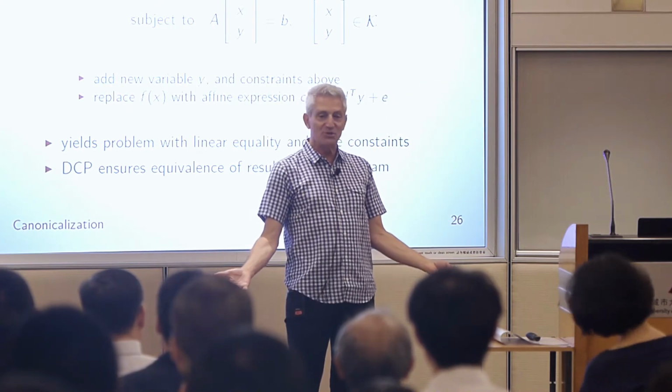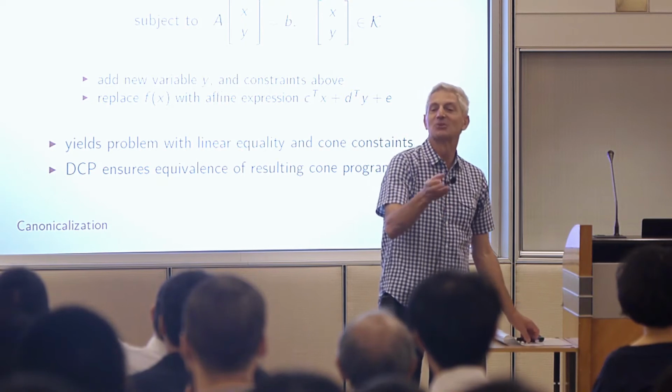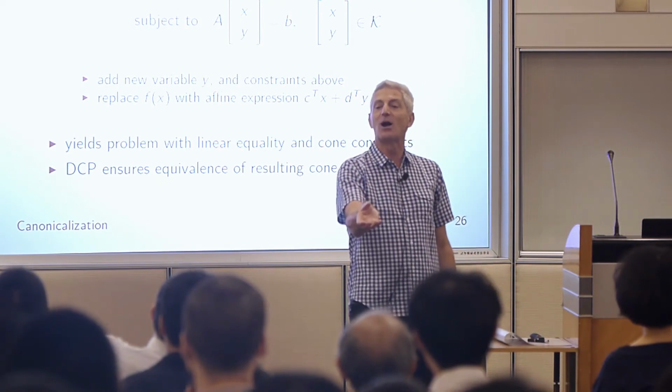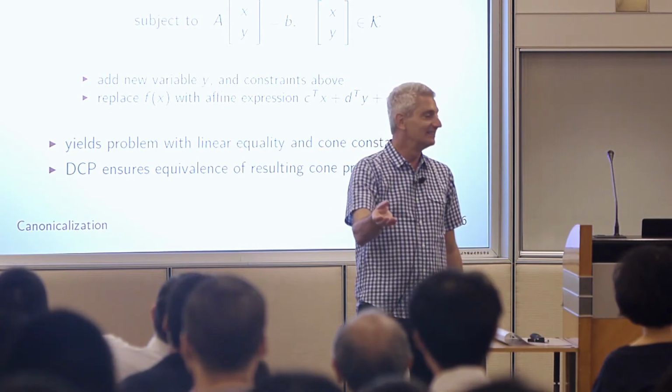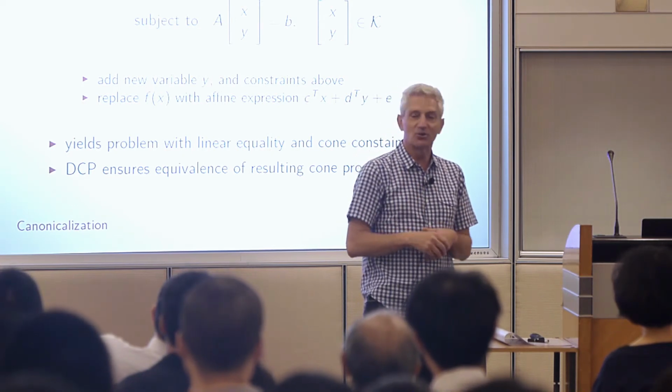How do you solve least squares? Well, you set up the normal equations. It's a set of linear equations, right? Everyone here knows how to solve least squares. It's pretty straightforward, and you can solve it exactly because you just form a set of linear equations, use Gaussian elimination, and solve it. Do you know what we do? This is hilarious. CVX will take a least squares problem, the simplest problem there could possibly be, and convert it into a second order cone program.